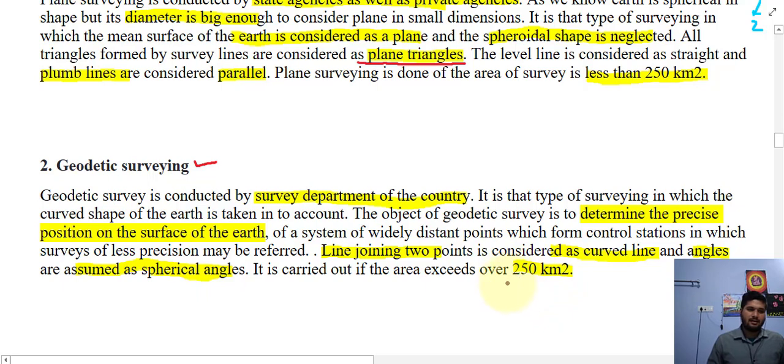In this type of surveying, the triangles are not assumed to be plane, they are assumed to be spherical, with spherical angles. The triangles are in curved shape.